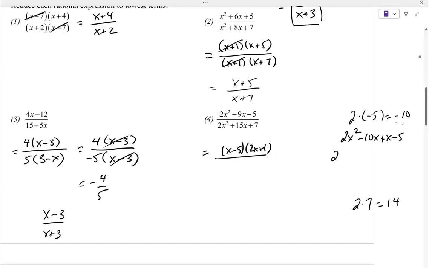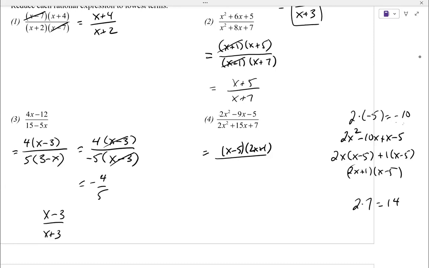Then we can factor out a 2x, x minus 5, and we have 1 times x minus 5. So we get that. So I said that factoring is important, right? It's going to be the crux of everything we're going to do here.